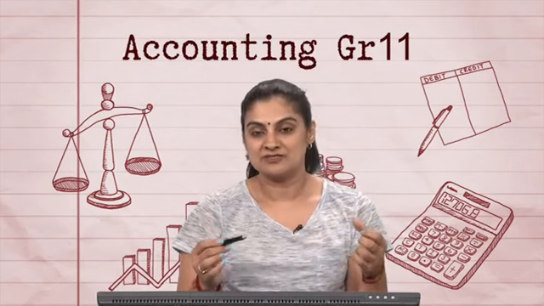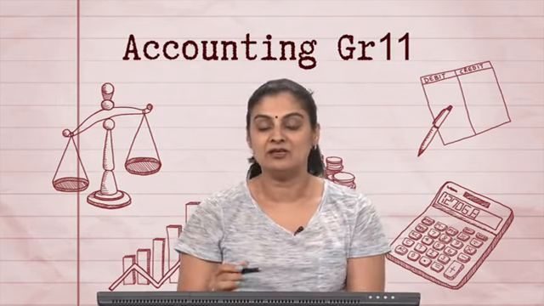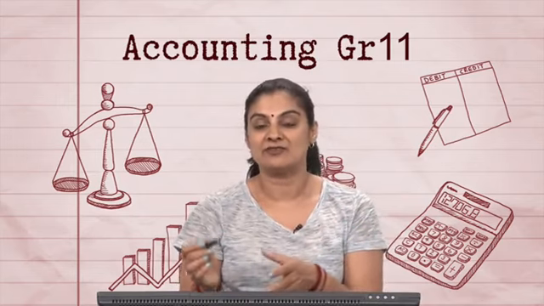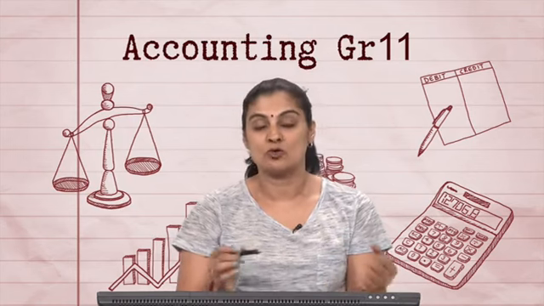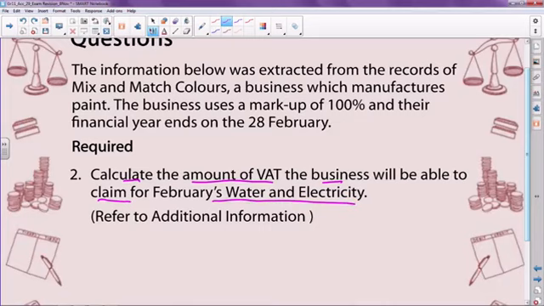Because a business who is a registered VAT vendor can claim input VAT that they pay for services or products that they purchase for business use. So in this case, the February's water and electricity account was given to the business, and they now want you to calculate the VAT that the business can claim, or the input VAT that the business can claim on this water and electricity account.